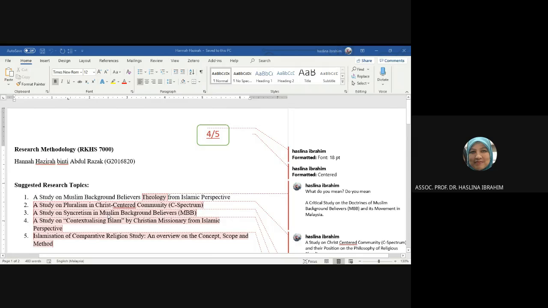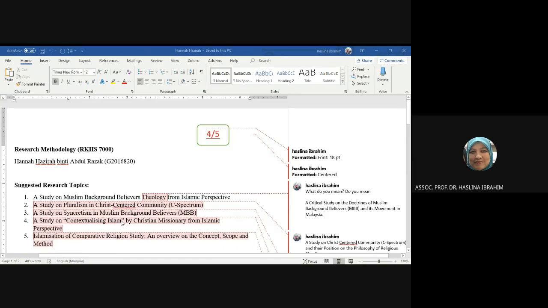If you write in Arabic, you know what the problem that you will encounter, especially at the reference section, if you combine between Arabic text and Latin font?